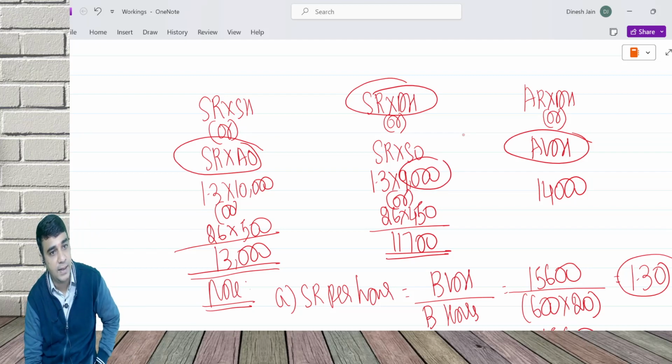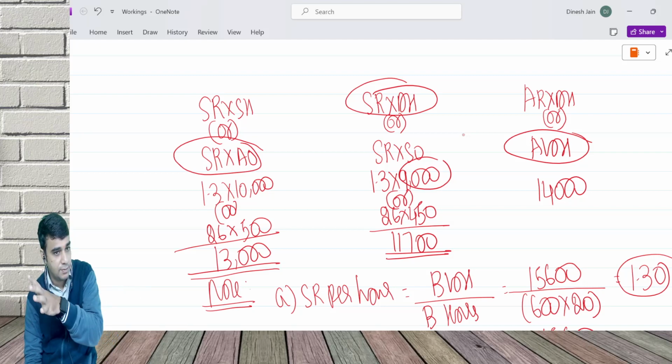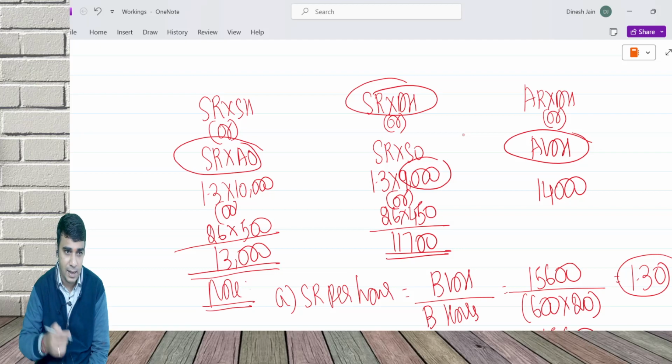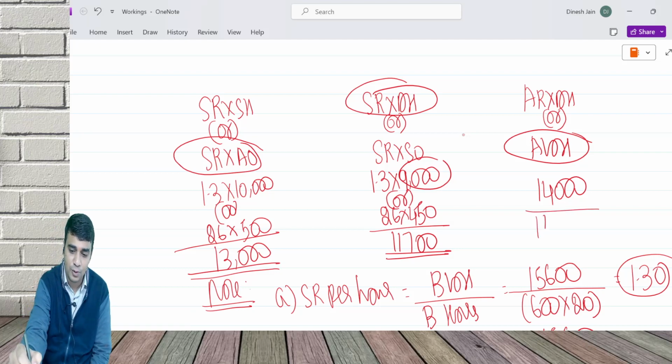If you write only 1.56 and multiply by 9,000, you will not get back 14,000. So there's no point in dividing and then again multiplying, unless the question directly gives me the AR. So I'm directly writing 14,000.